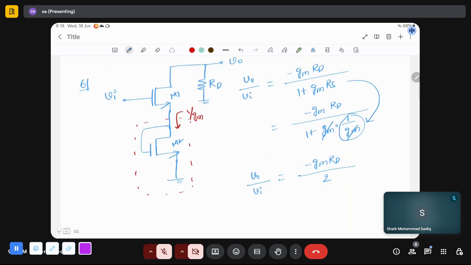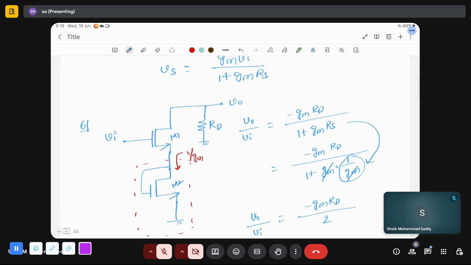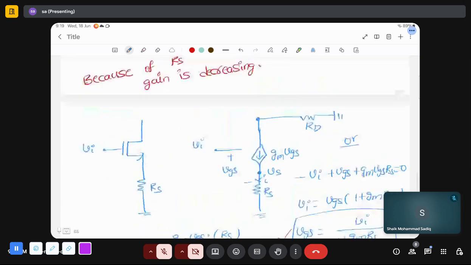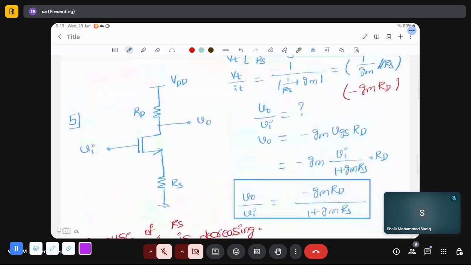You should not get scared with this kind of problem. You should be ready to solve any kind of problem with a simple intuition from smaller circuits. Earlier we have solved this. You should remember that the gain is minus gmRD by 1 plus gmRS.